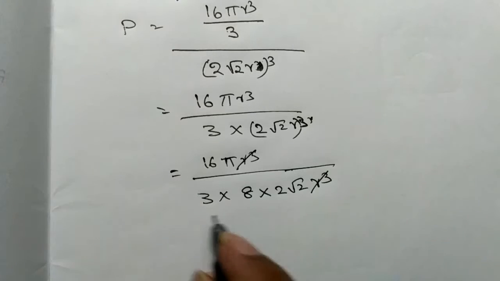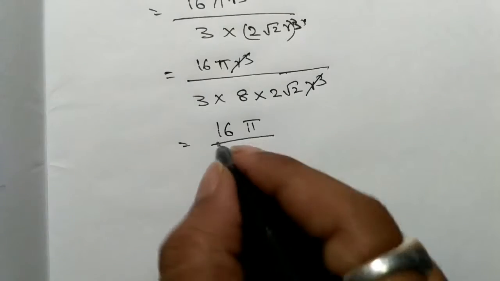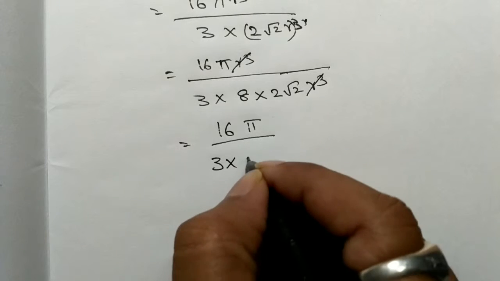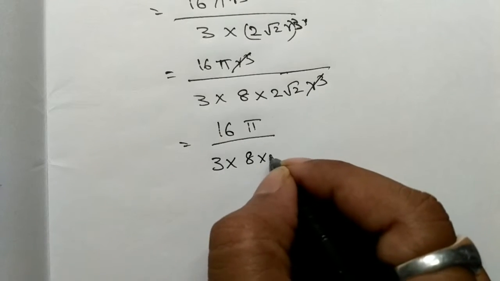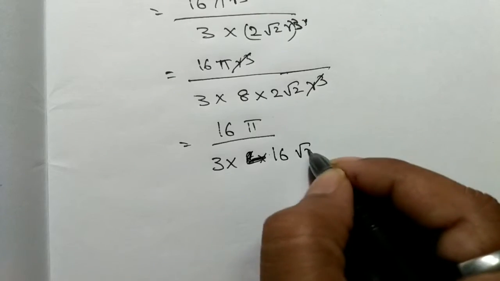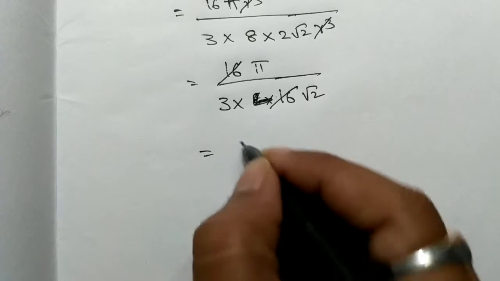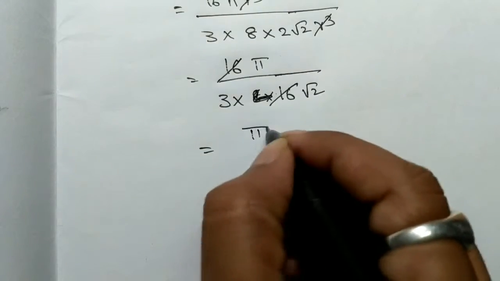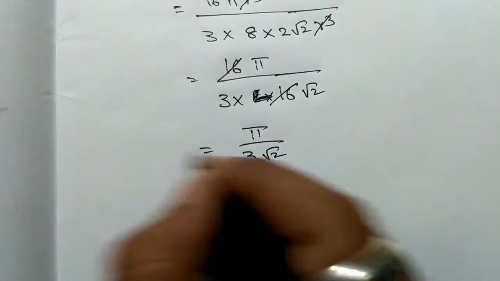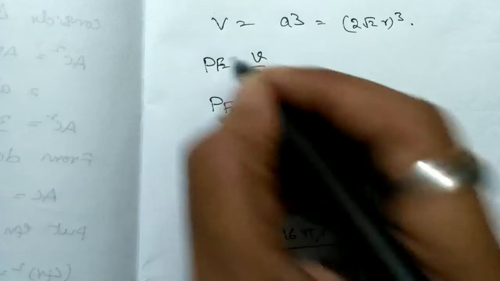R cube gets cancelled, that is 16 pi by 3 into 8 into 2, means 16 root 2. 16 gets cancelled, the remaining will be pi by 3 root 2, that is the packing fraction.